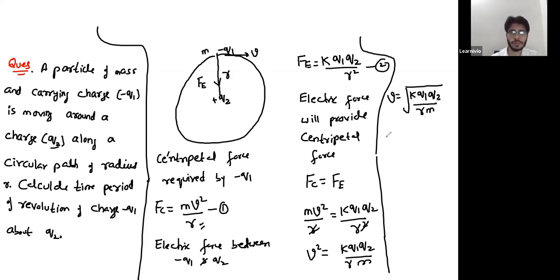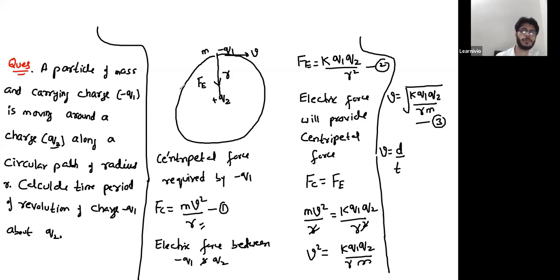Say that is my equation number 3. We can even write speed, or magnitude of velocity, as distance upon time. What is the distance covered by minus Q1 in one complete revolution? Not angle, distance. The radius of the path is r.